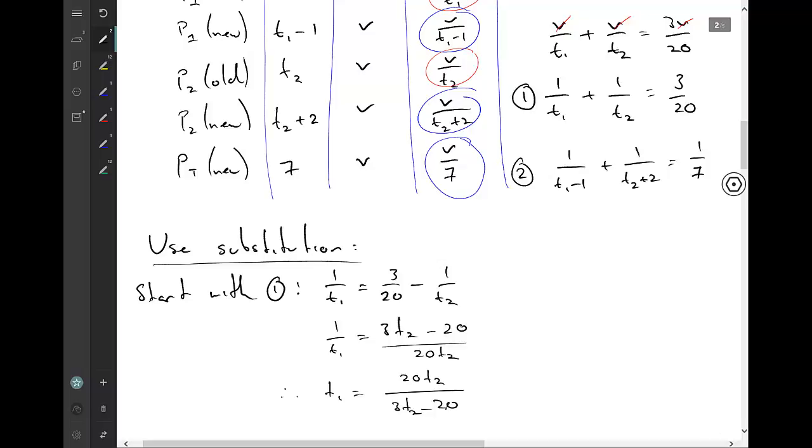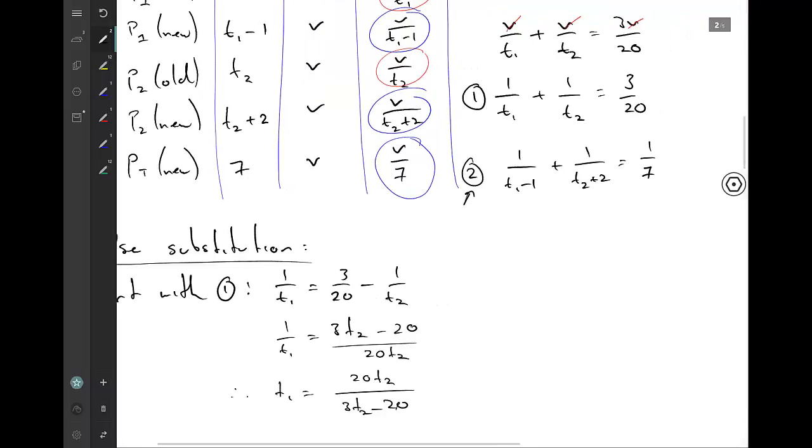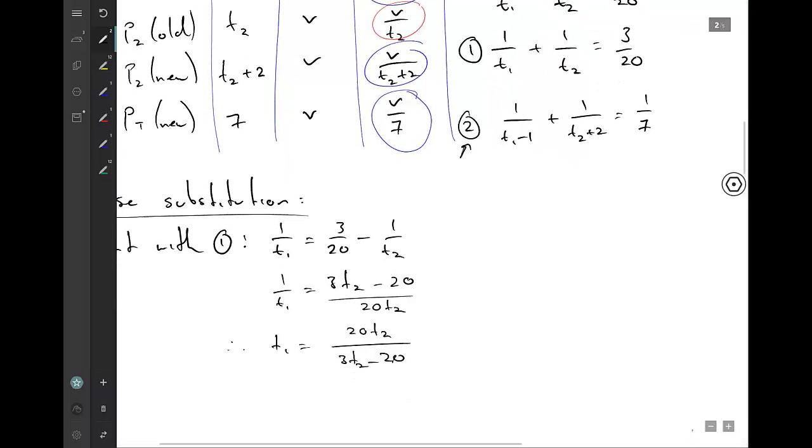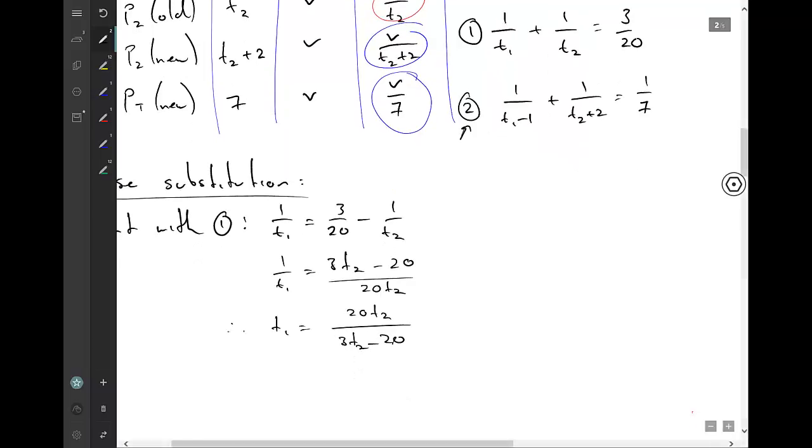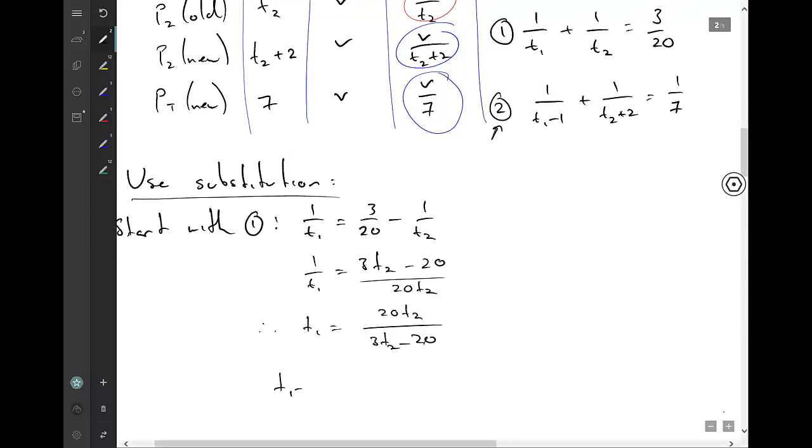And then we can sub that into equation 2. However, because in equation 2 we have 1 on T1 minus 1, and that's going to get annoying to do inside the fraction, I'm just going to find T1 minus 1 before I sub it in. So T1 minus 1 is equal to 20T2 on 3T2 minus 20 minus 3T2 minus 20 on 3T2 minus 20.